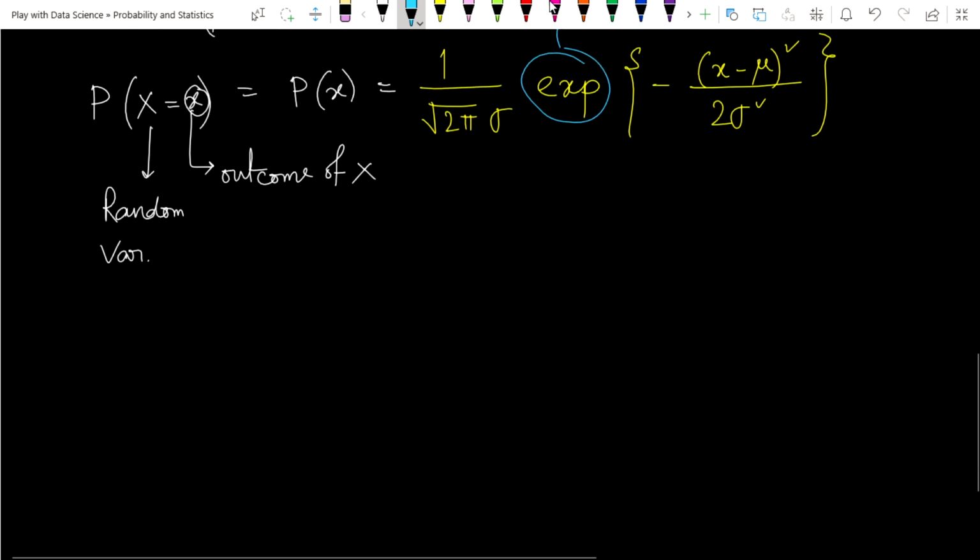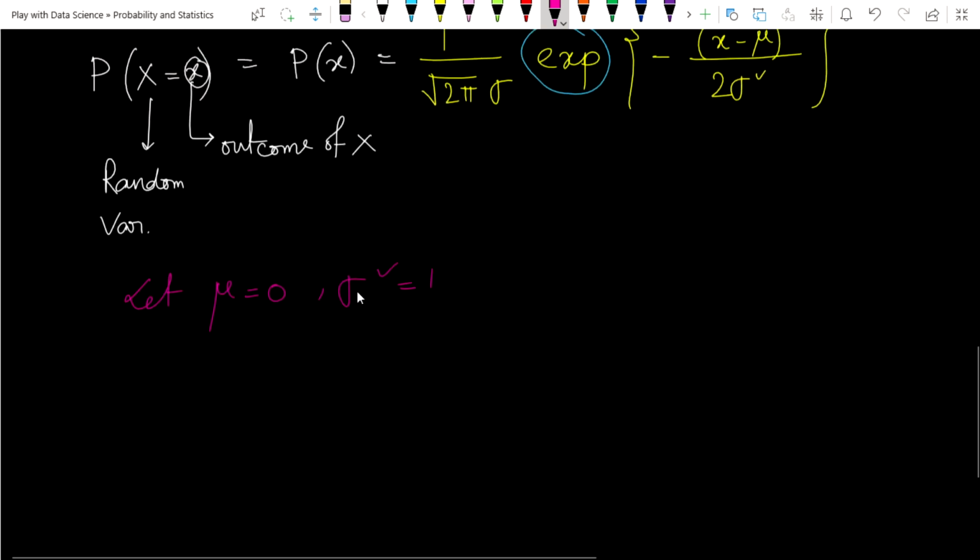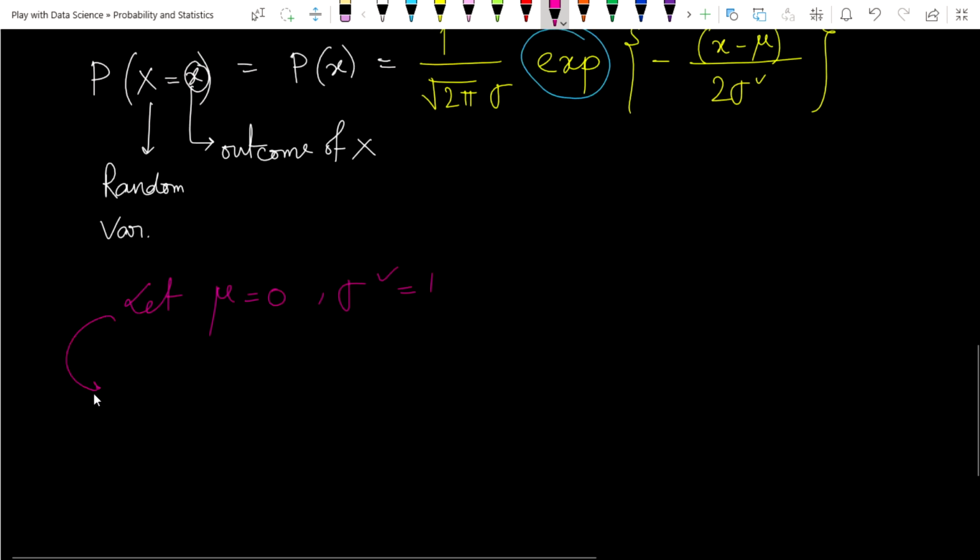Suppose let mu equals 0 and sigma square equals 1.